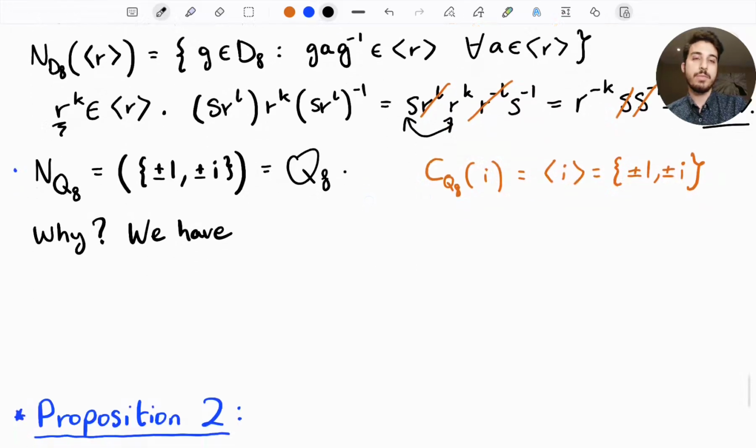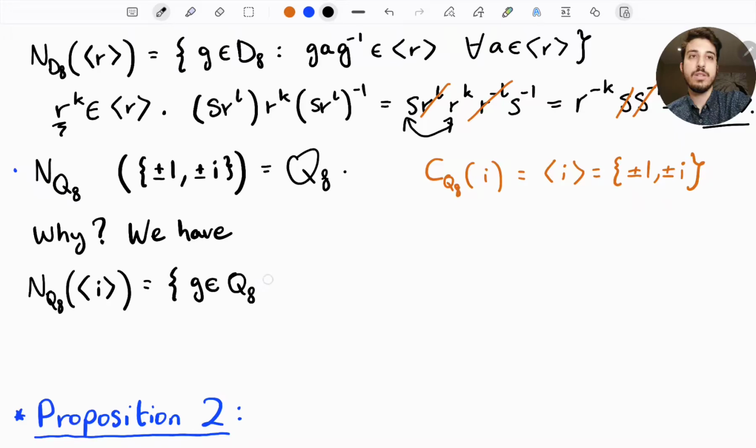How is that possible? Well, again, we take the definition of a normalizer. So the normalizer in Q8 of the subgroup generated by i is equal to all of the elements g in Q8 such that g a g inverse is inside the subgroup of i, for all a in the subgroup of i.